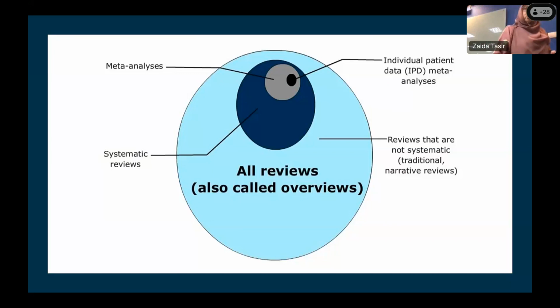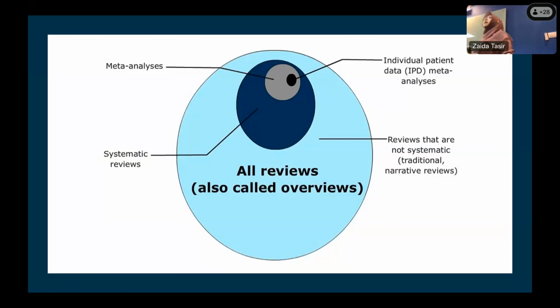So if you do a systematic review, you are doing more than meta-analysis, because in meta-analysis you are only going to analyze previous research findings that use experimental research design only.